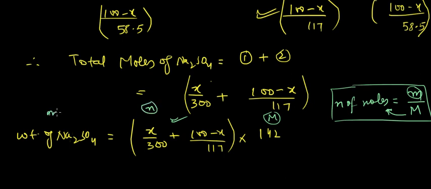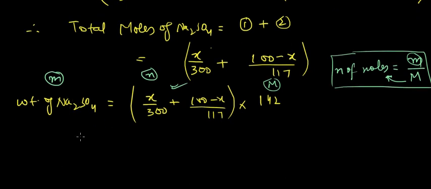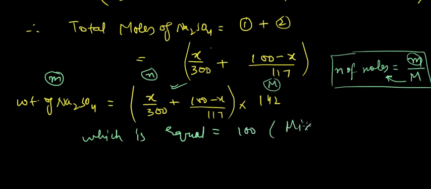This is the mass that would be produced, and this mass is equal to 100, the mass of the mixture of NaI plus NaCl.